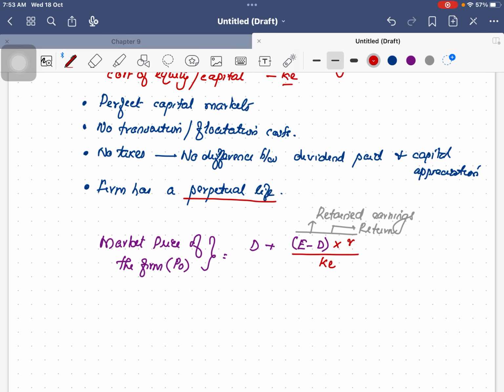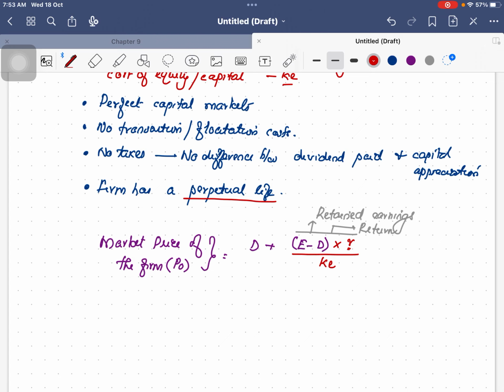Now here is what you have to see. When you find out the return, you have multiplied it with R, but when you computed the present value or the capitalized value, the capitalization factor is cost of equity. We have discussed this in our previous chapter also. Now both dividend and this capitalized value are future values. To get the market price of the firm, you need to capitalize both these returns.